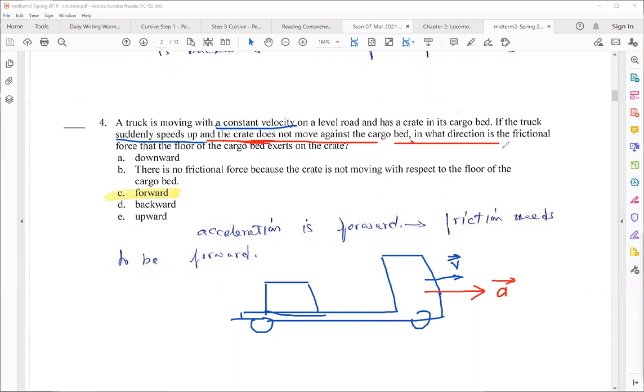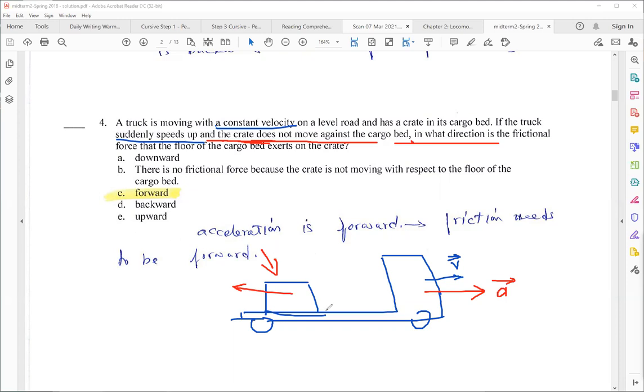Now here, we're looking for the direction of the friction. Now, when the truck accelerates forward, what does the crate want to do? Yes, Ranim, that's here. Of course, the crate will want to move backward. But we're saying the crate is not able to move backward.